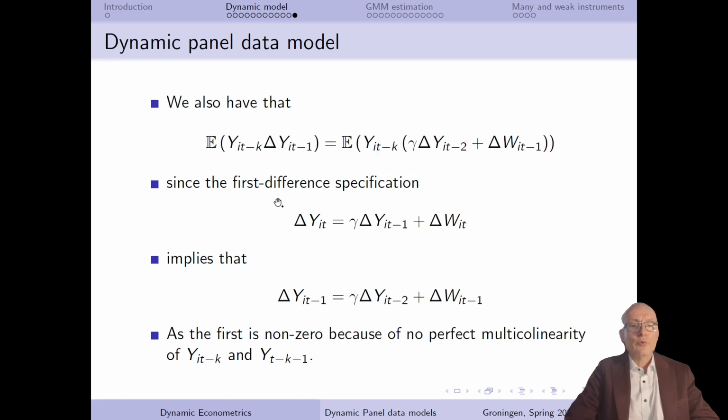Well, then we should realize that we already have that our first difference specification is delta YIT equals gamma delta YIT minus 1 plus delta WIT. This is the first difference specification.